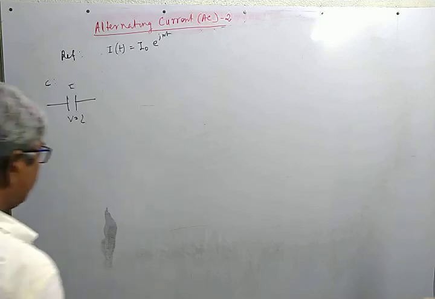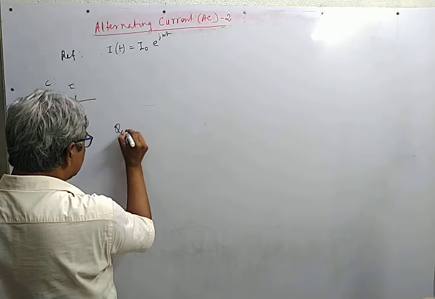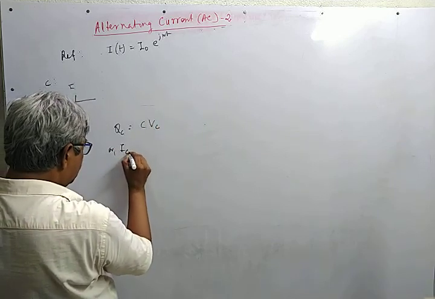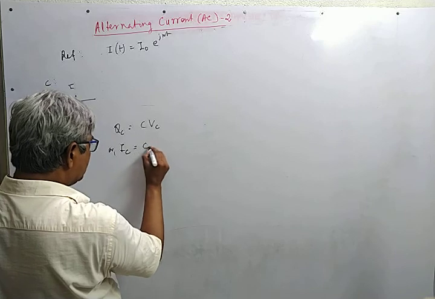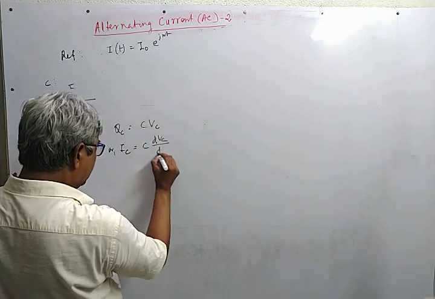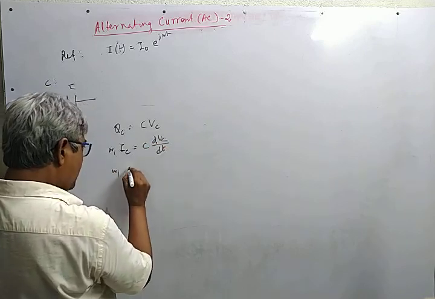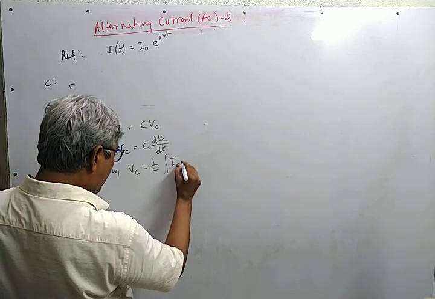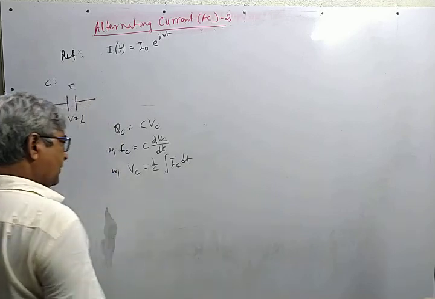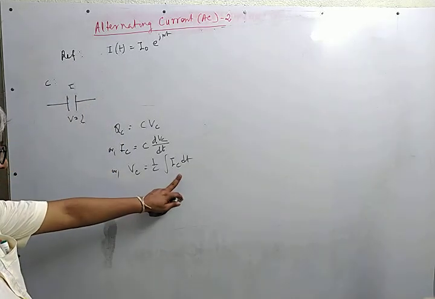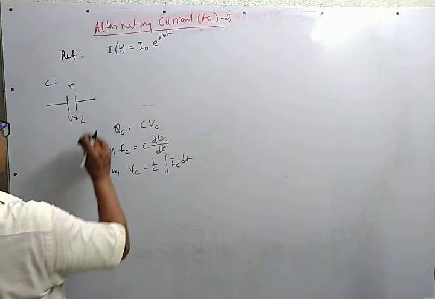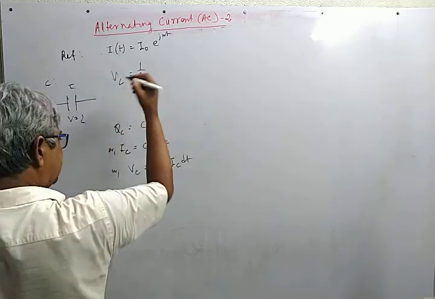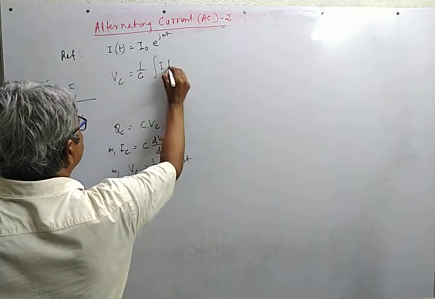We know for the capacitor the basic equation is IC is equal to C dVc/dt, or Vc is equal to 1 upon C integration IC dt. For reference current, I omit this and we write Vc as 1 upon C integral of I dt.